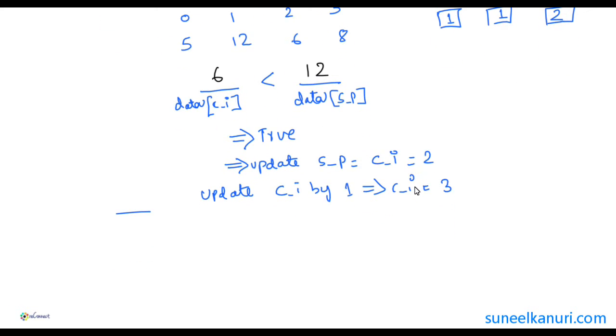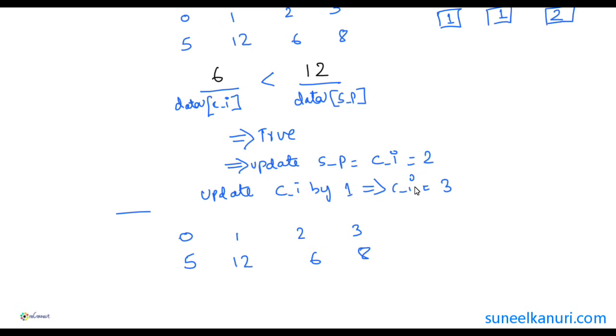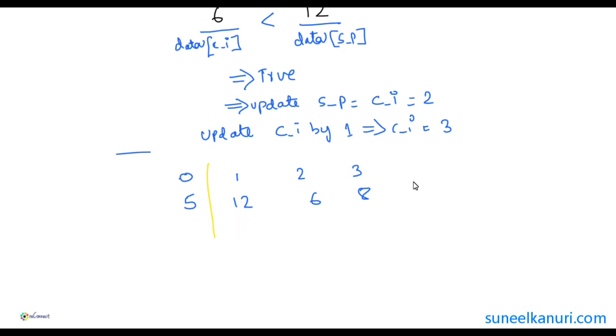And now repeat it again, writing our array 5, 12, 6, 8. Let me mark the sorted part. That's the sorted part. Everything towards the left of it is sorted. And let me write down our little boxes indicating the variables.